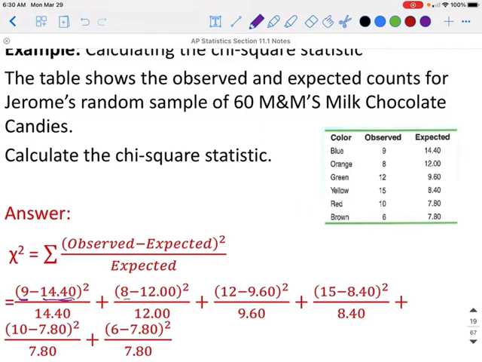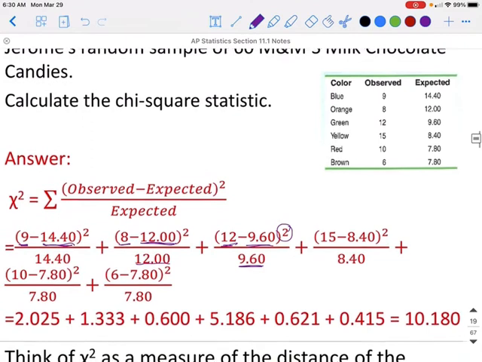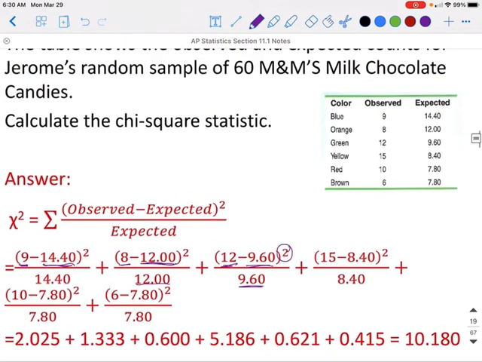Plus, we go to orange, the observed minus the expected divided by that expected value. Plus, for green, the observed minus the expected squared divided by the expected. And you're going to do that for every single color. And when you get done, we're going to get a chi-square value of 10.180.